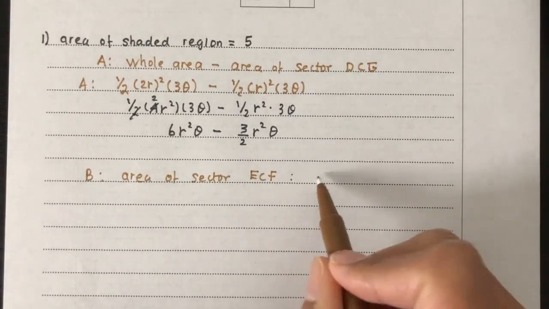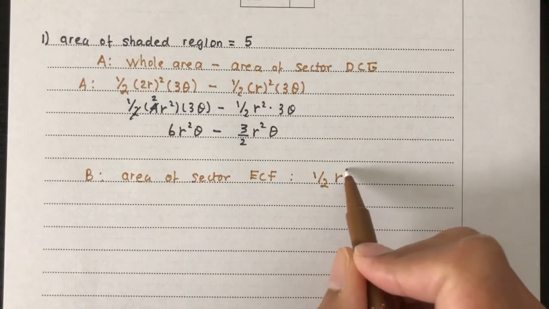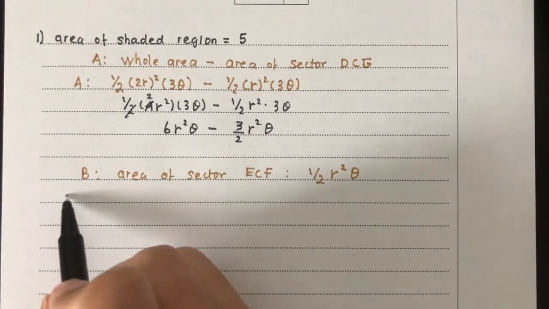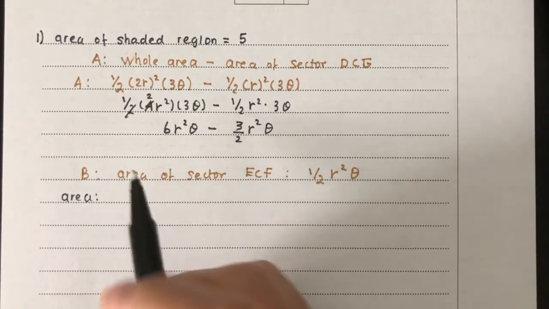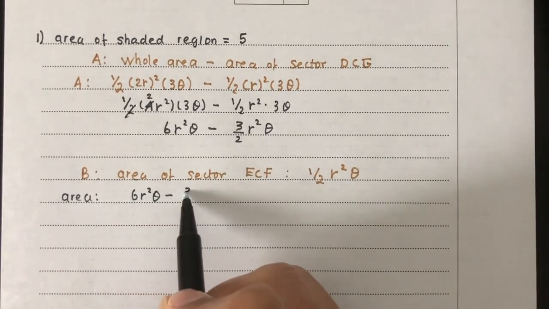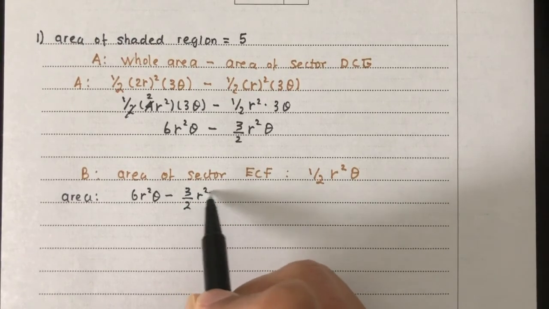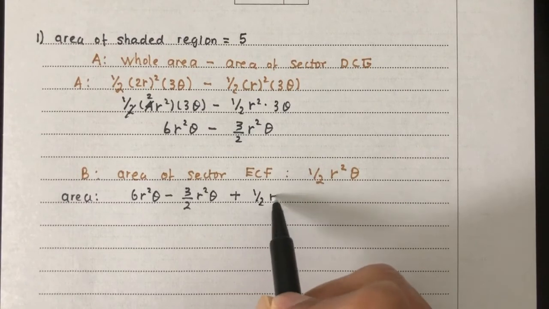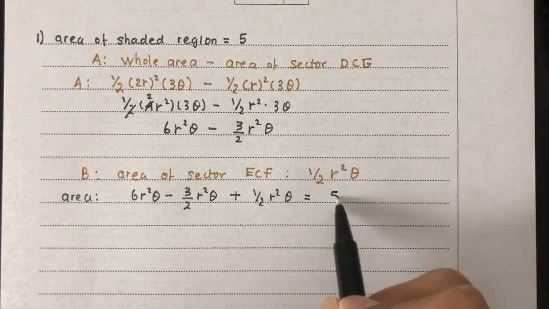So that will be half R squared theta. So from this we can find the area of the region. Area will be A plus B, which is 6 R squared theta minus 3 over 2 R squared theta plus half R squared theta, which is supposed to give you 5.